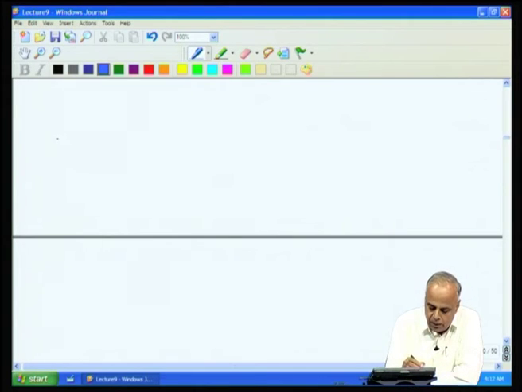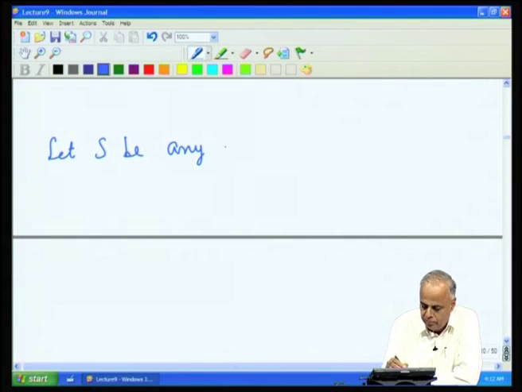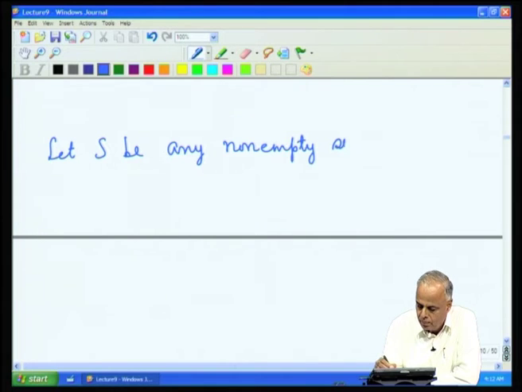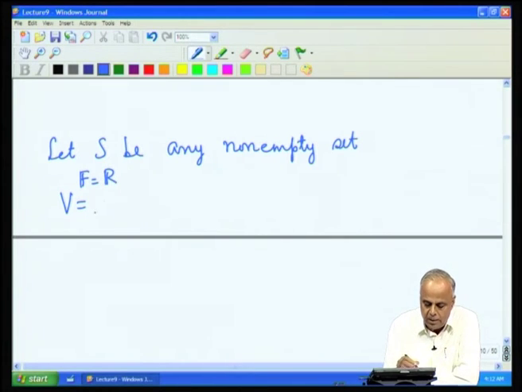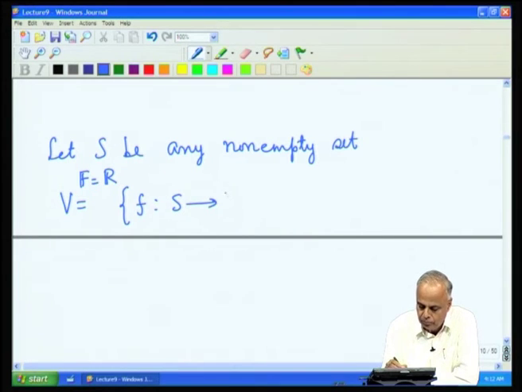So, now we consider, let S be any non-empty set, and so that is our V. Let us take the field F, to start with, to be the real numbers, and let us take V to be the set of all functions which map S to R. We will denote this by F(S,R).